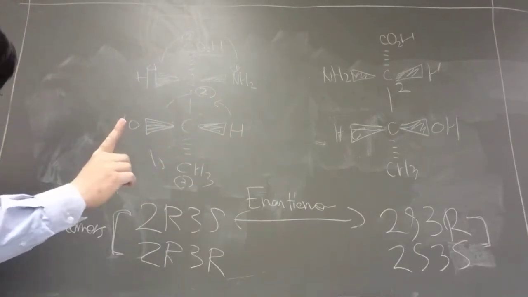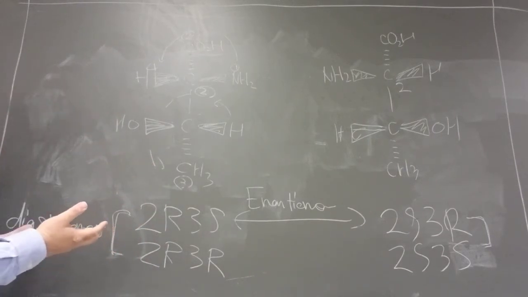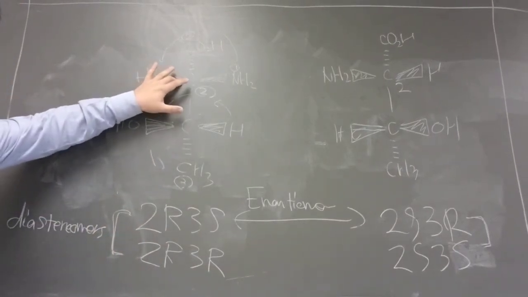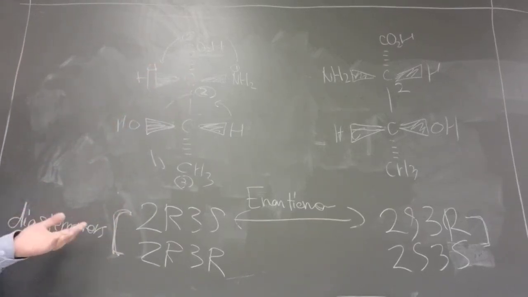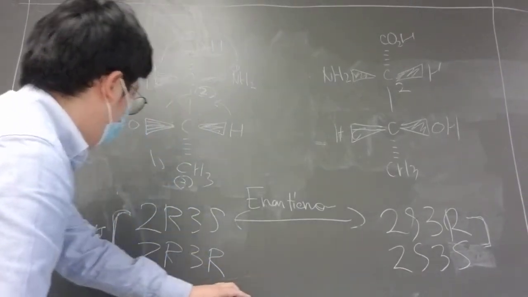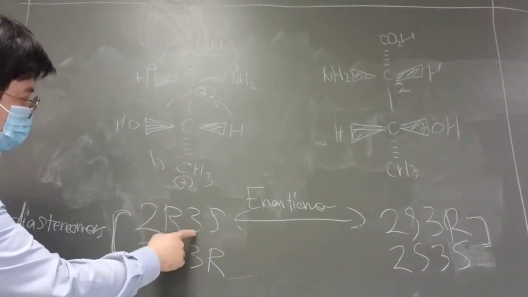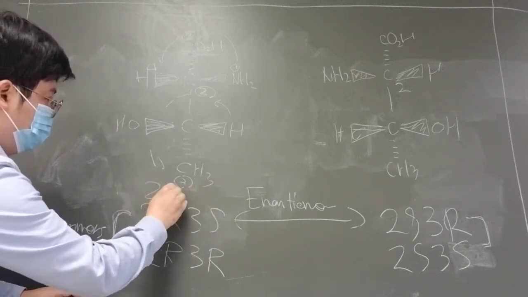But if only one chirality center is opposite in that compound, you can see there's more than one chiral center, and in that case, we call this diastereomers.